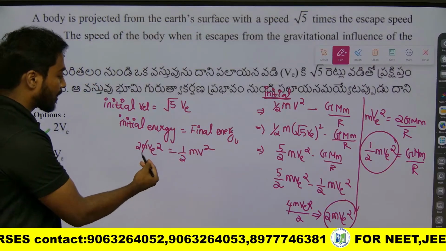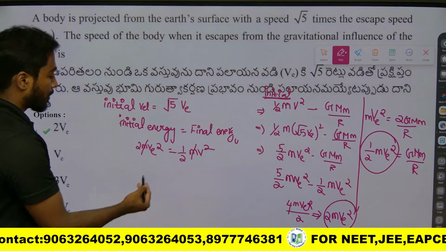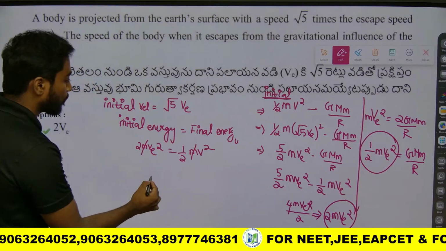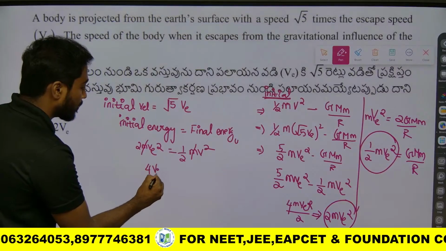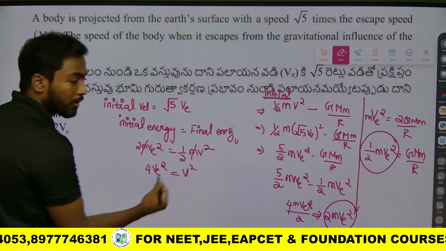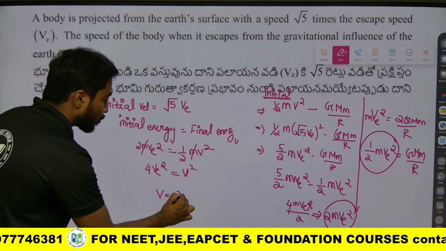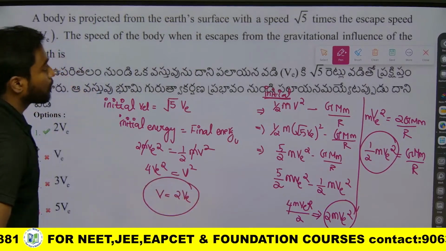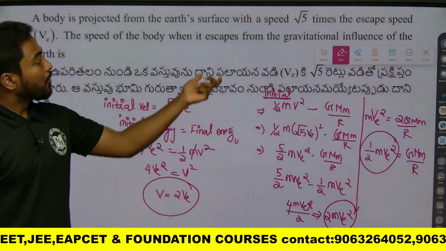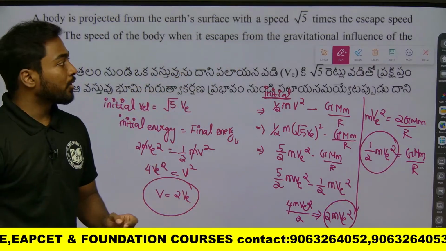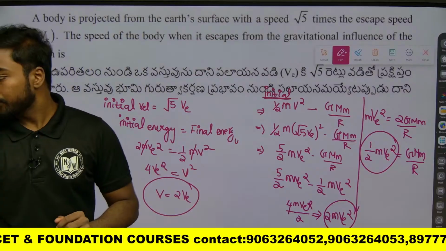So here m is cancelled, and then if I take this to this side, it will be 4 VE square, which equals V square. So V is nothing but 2 VE. So the speed required is 2 VE to escape from the gravitational influence of the earth's surface.